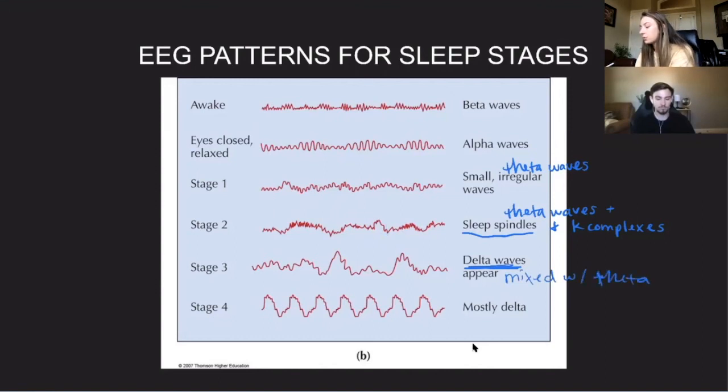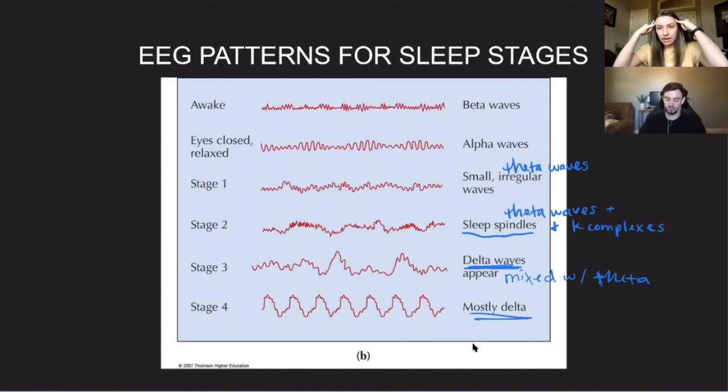And then in stage four, you have pretty much entirely delta. So that's your stages of sleep and the wave patterns associated with them. An EEG is where they attach things to your brain and measure the electrical wavelengths coming off of it as you're in different stages of sleep.